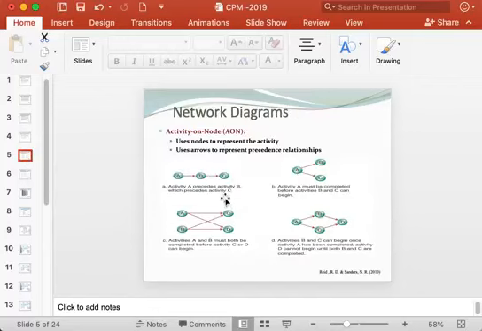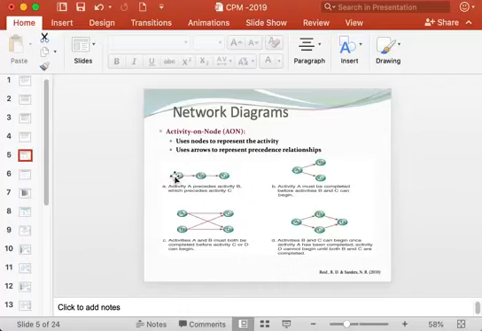So you can see some examples of activity on node network. Here, activities are represented by nodes, the circles here.